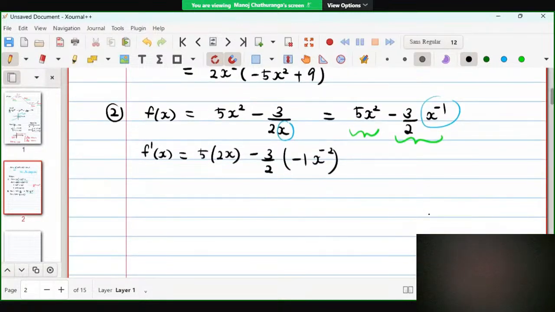Now we can simplify this a little bit. 5 times 2 is 10x minus 3 divided by 2 times negative 1, and we also have another minus sign. So both of them together make a plus sign.